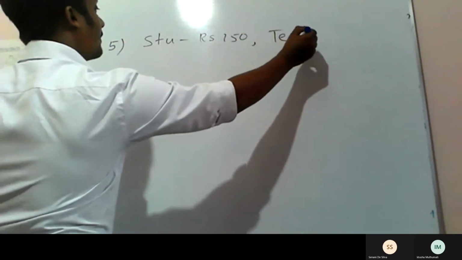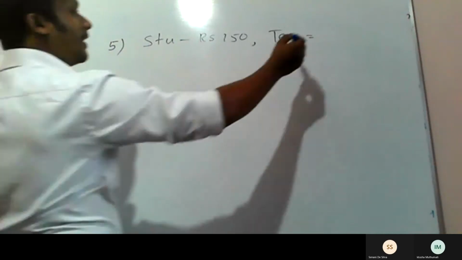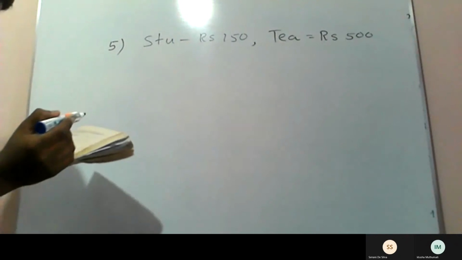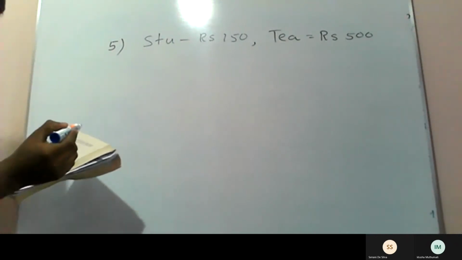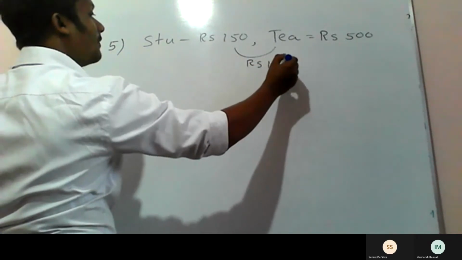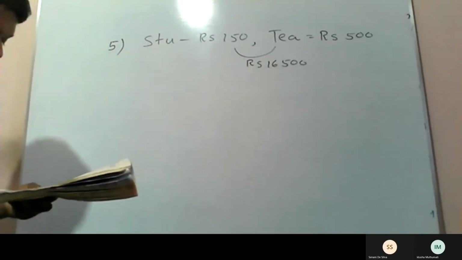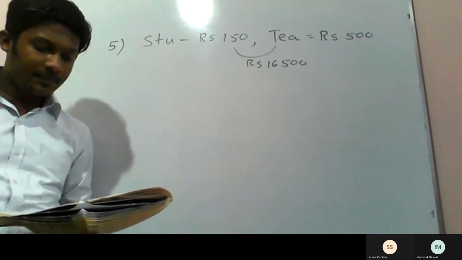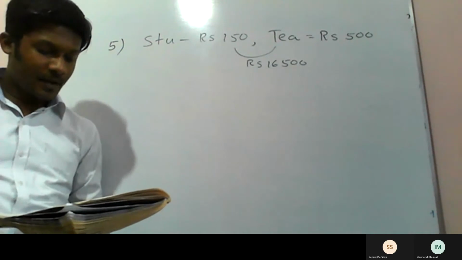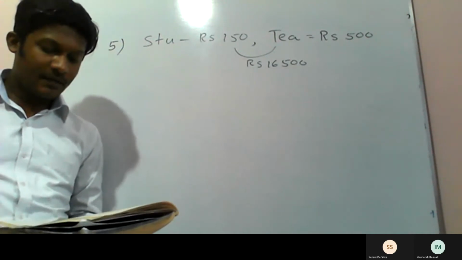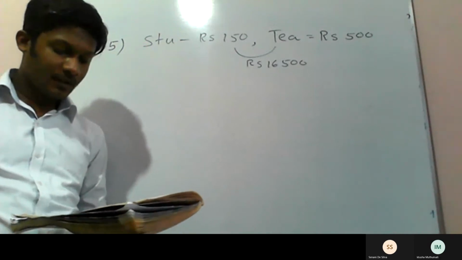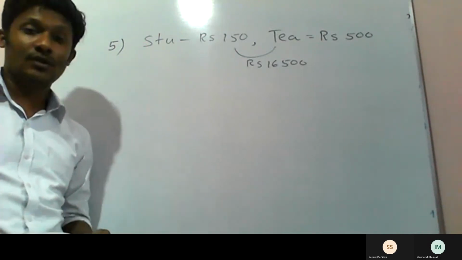Teacher, 500. The total money, rupees 16,500, and 330 saplings were bought with this money. Then all of them are distributed to be planted by giving 2 saplings to each teacher and 5 saplings to each student.